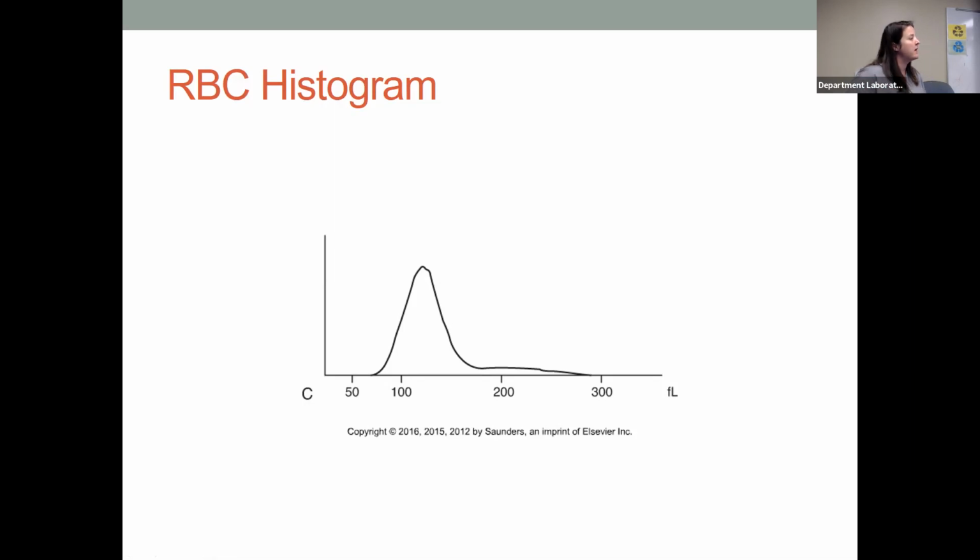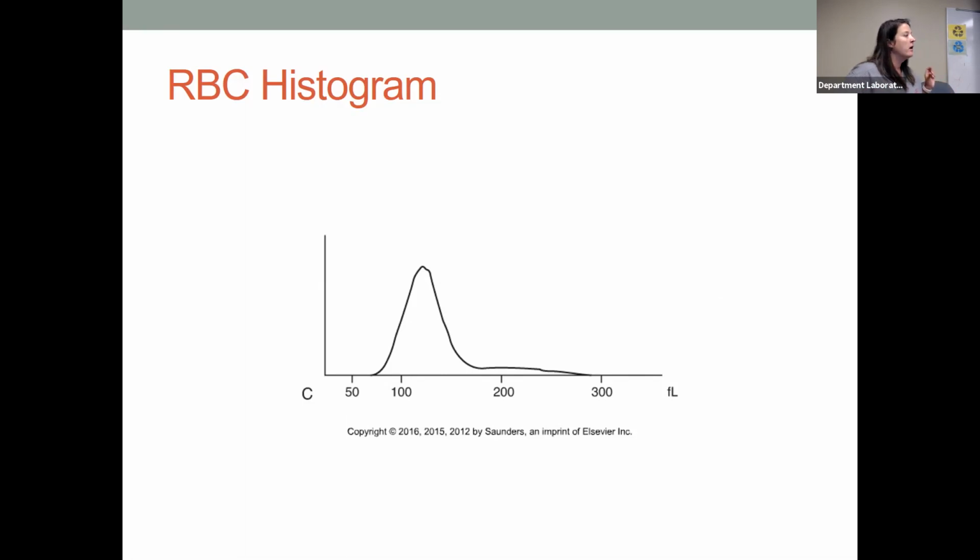There's something else we can obtain from this curve, and it's called the red cell distribution width, RDW. It is obtained from the red cell curve, and it represents the width of the peak. So you're taking from one side to the other, and that represents the variance in cell size.